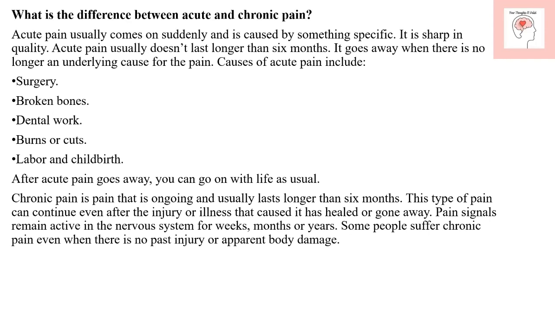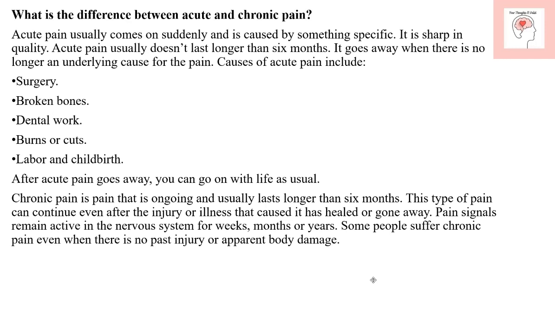Then what is chronic pain? Chronic pain is the pain that is ongoing and it usually lasts longer than 6 months. It can even continue after the injury or illness that caused it has healed or gone away. Pain signals remain active in the nervous system for weeks, months, or even years. Some people suffer chronic pain even when there is no past injury or apparent body damage.